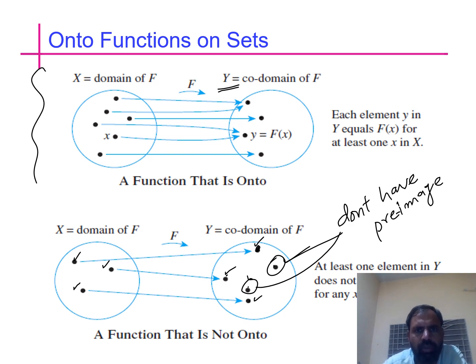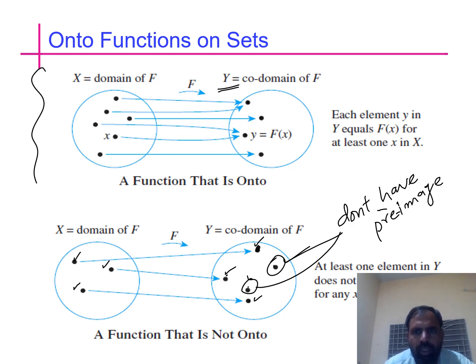Here we show a diagram: X is the domain of f, all elements of X, and Y is the codomain, all the elements of Y. It's not 1 to 1 but it's onto. If we leave an element like this which doesn't have any pre-image, then this is not an onto function.